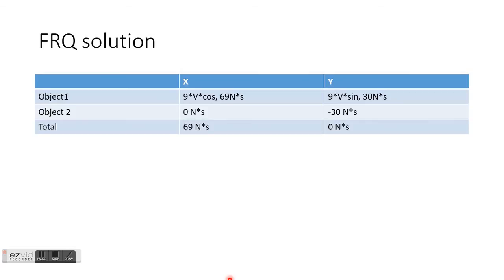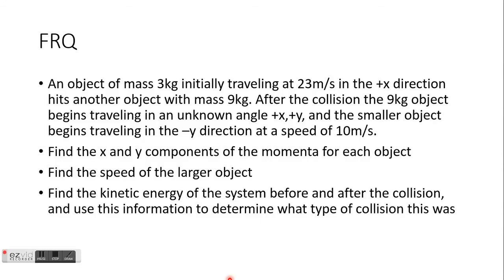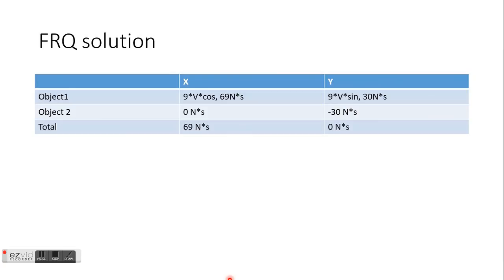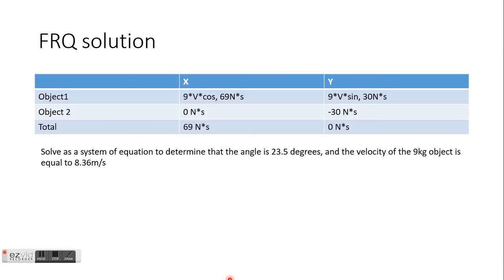From that, we can calculate the magnitude of the velocity. Because it's a vector, we just use the Pythagorean theorem, and that tells us the magnitude of the velocity, which is what the problem asked for: find the speed. But if you wanted to find the angle too, like if your teacher asked for that, you could solve it as a system of equations, or you could do tan inverse of y over x, and that should get you the same thing.